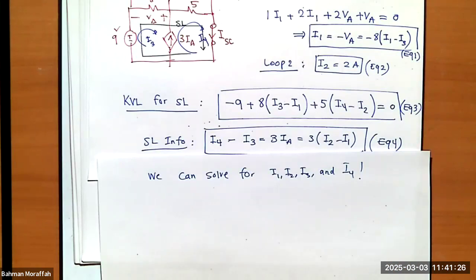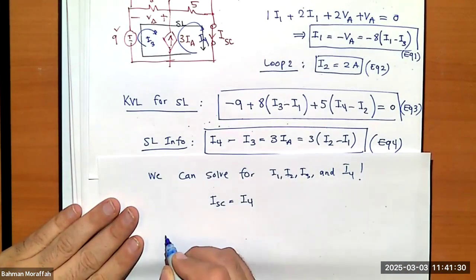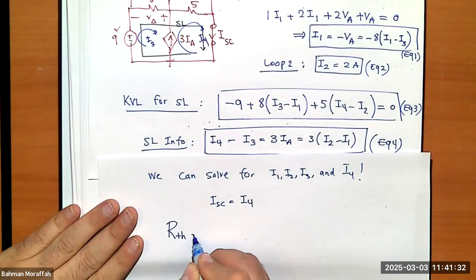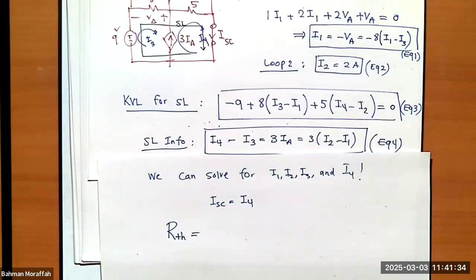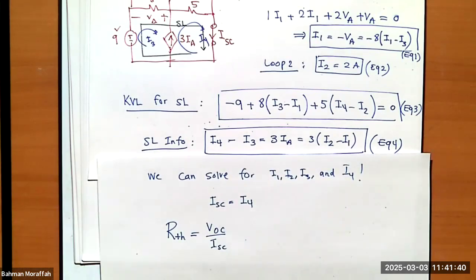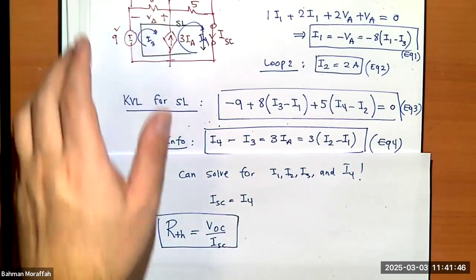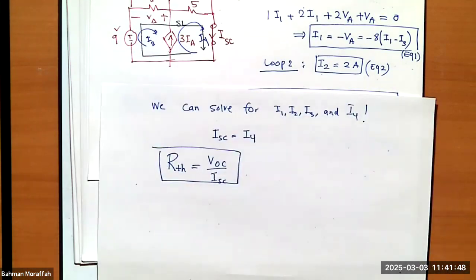Therefore, what is my R Thevenin? What is R Thevenin? It's the open circuit divided by I short circuit. Right? Now I have this R Thevenin, I have the open circuit, I can form the Thevenin equivalent.